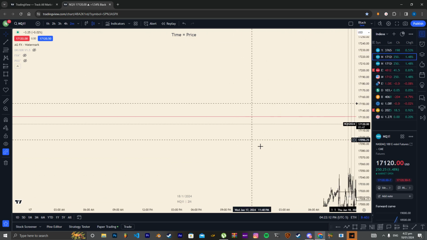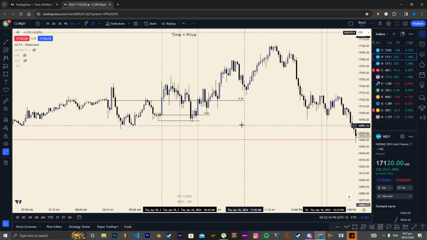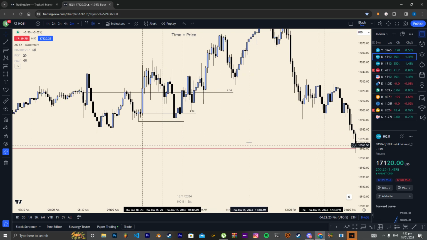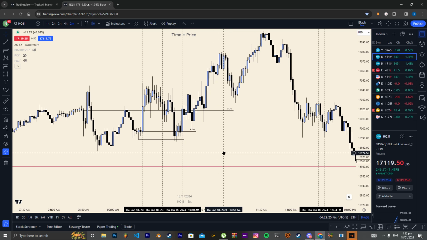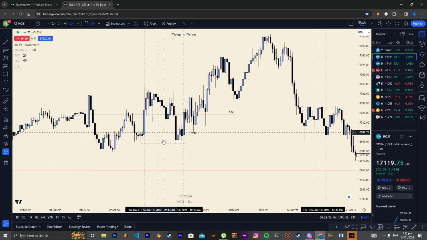So right here, we get our displacement, price displacing right through these lows below the 930, and then it's only wicking below. Notice, we don't want this to close below. We want it to wick, or we want it to have some sort of small closure below, and we also want to see it quickly turn back and come back into this range, right?